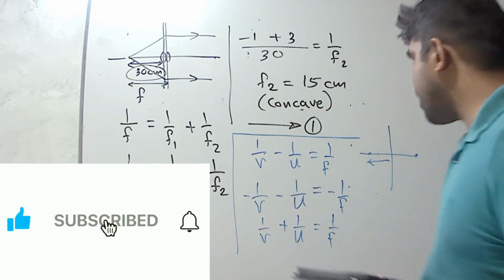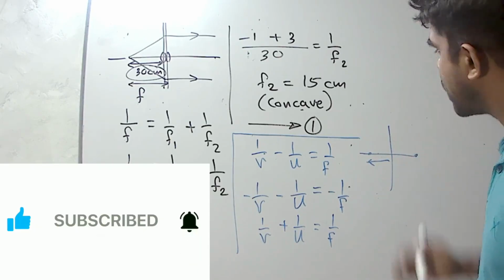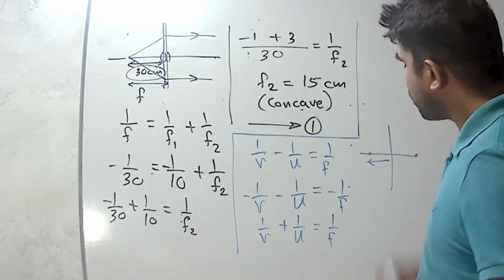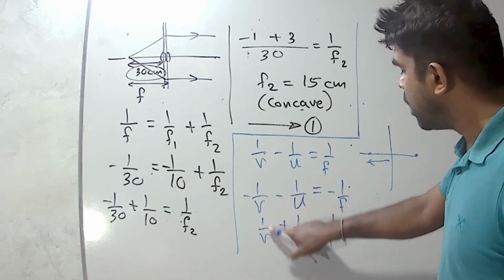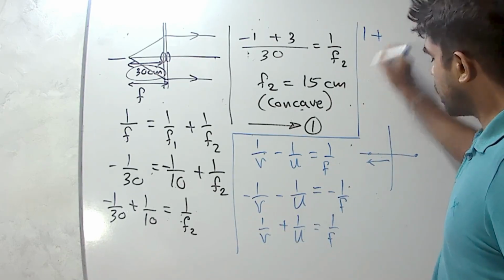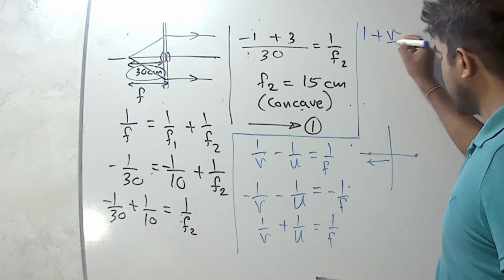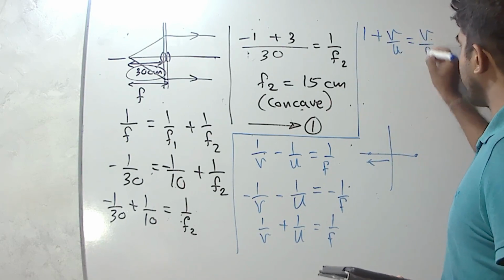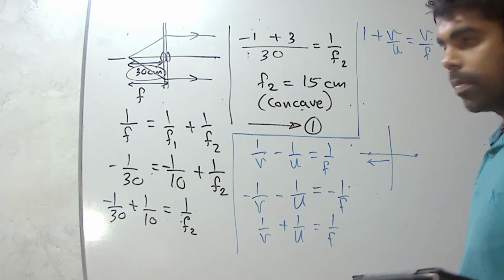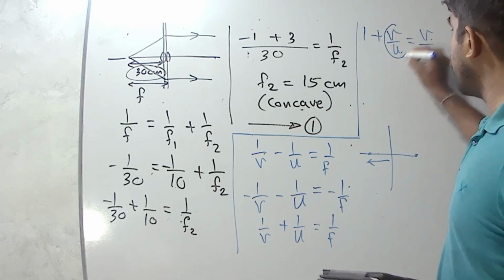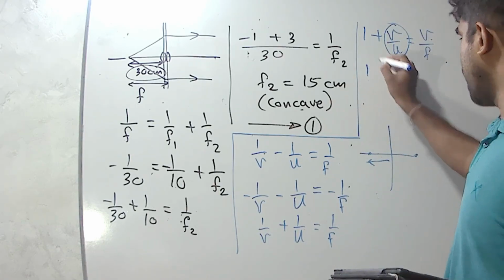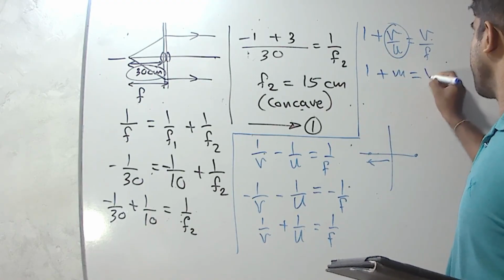We know that linear magnification means the v over u ratio. Then we can multiply all terms by v. V divided by v plus v divided by u equals v divided by f. Then we can get this one as the linear magnification m.